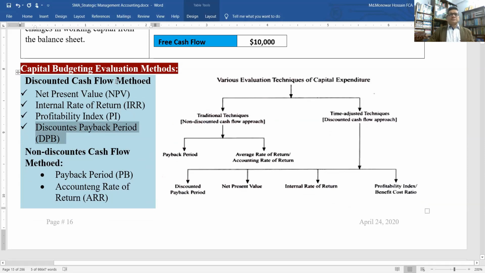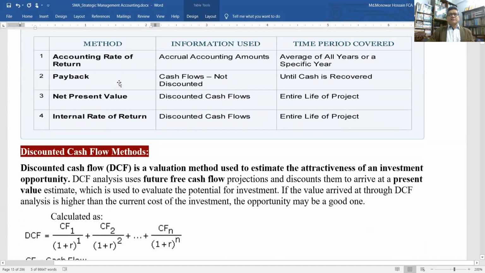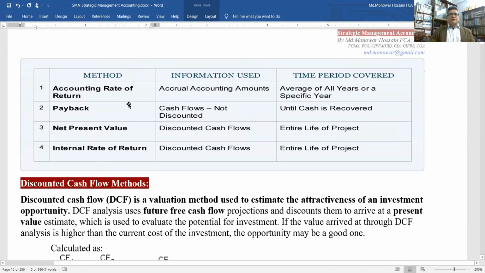So here, accounting rate of return uses accrual accounting information, and the time period covers the average of all years of a specific life. Payback period: cash flow is not discounted until cash is recovered.